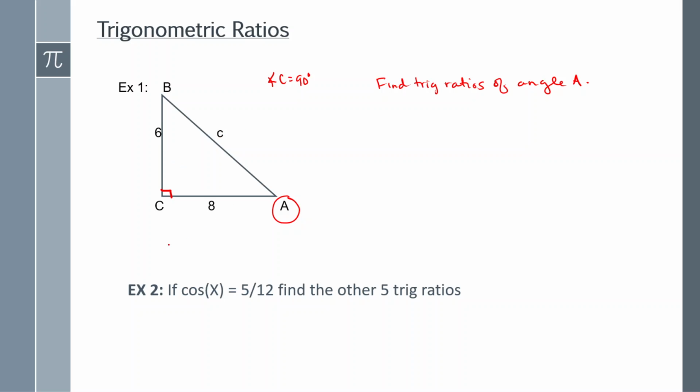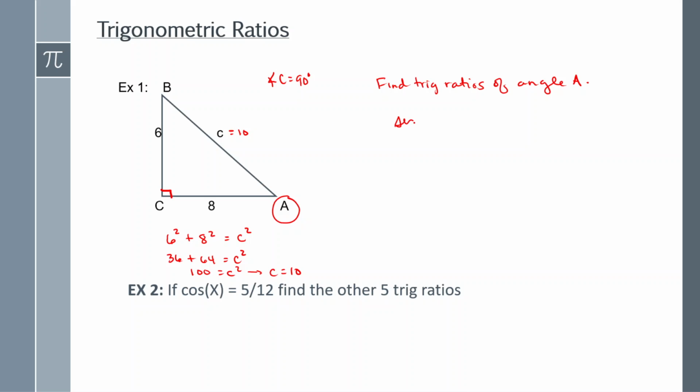Because it's a right triangle, the Pythagorean theorem holds true. So I have 6 squared plus 8 squared equals C squared, which means C is going to be 10.